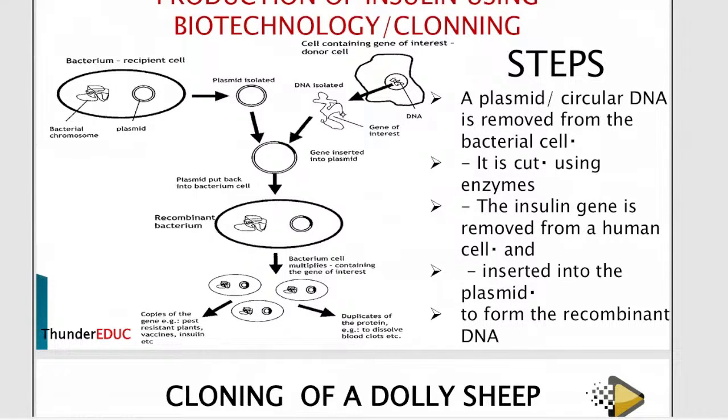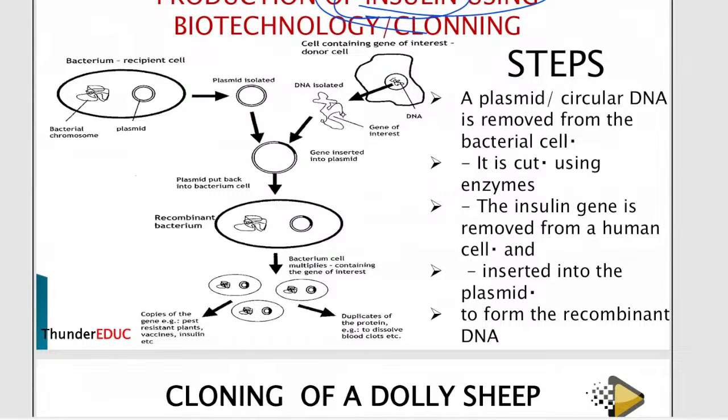Previously, around the 1940s, people were suffering from diabetes mellitus, that is, inability to produce enough insulin in the body. We used to solve it by extracting insulin from the liver of the pig.